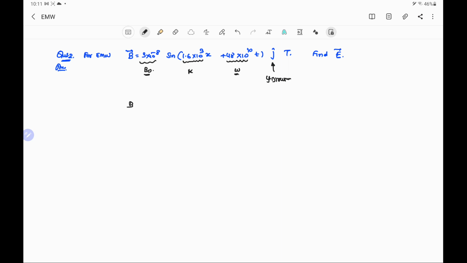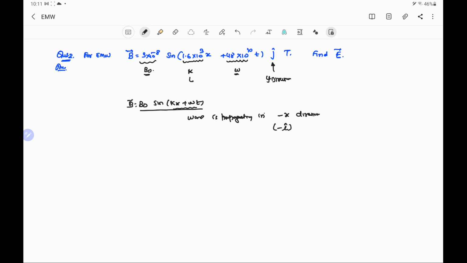Because B is in the form of B naught sine (kx plus omega t). Here the sign between the kx and omega t are of same sign, that is positive. It means this wave is propagating in minus x direction, and this minus x direction can be represented by minus i.